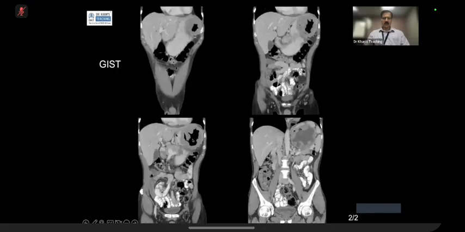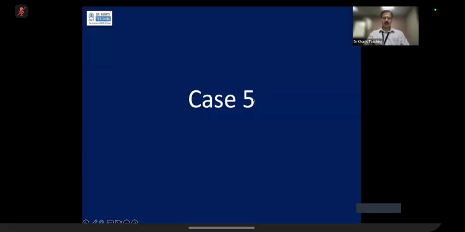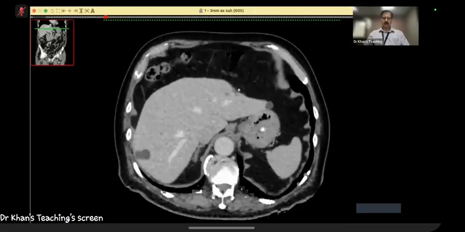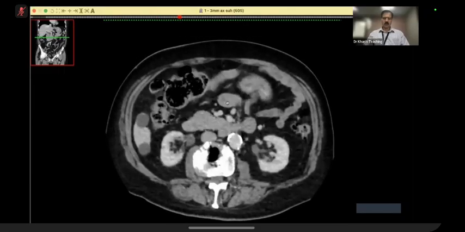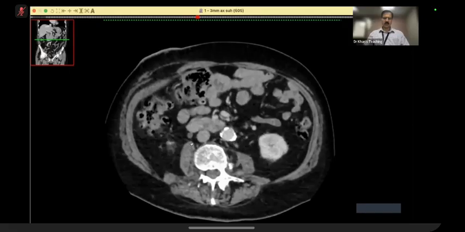The same case here. You can see this is the stomach and this is the exophytic lesion. Now, let me take you through the case. First of all, part of the case was to see what has happened.